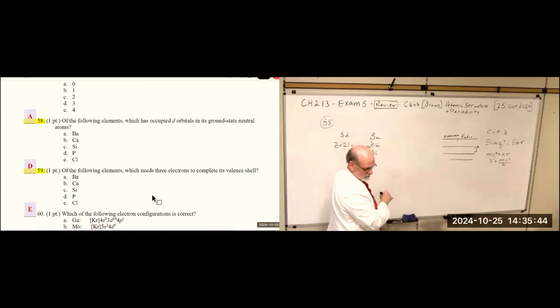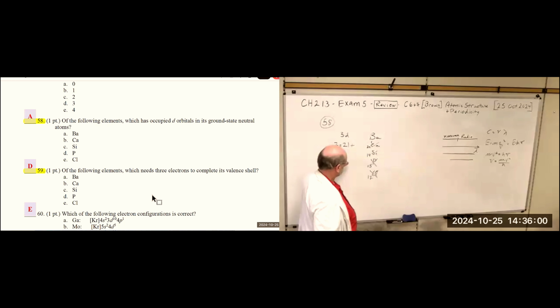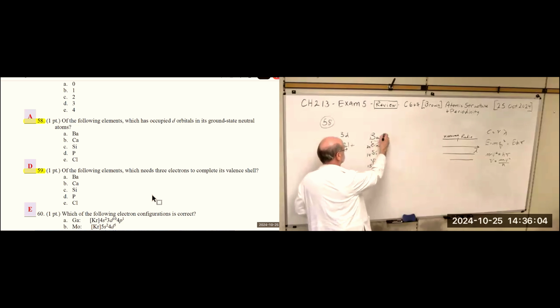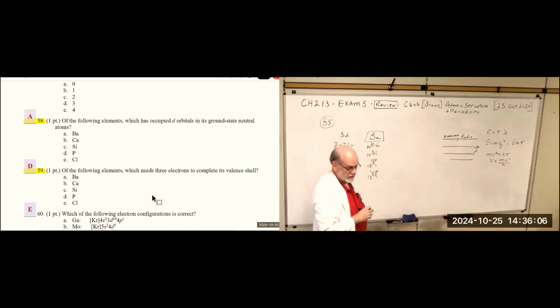So it won't work. Phosphorus has 15. It won't work. And chlorine has 17. It won't work. They don't have enough electrons. So the only one that works is barium. It has electrons in d orbitals.